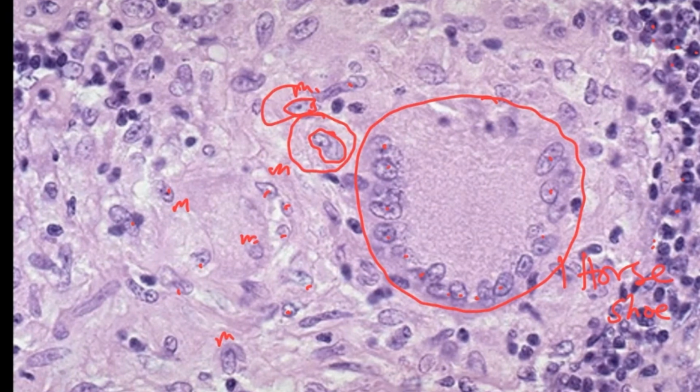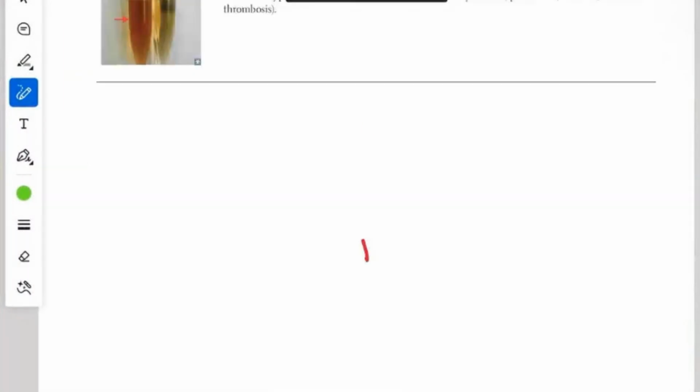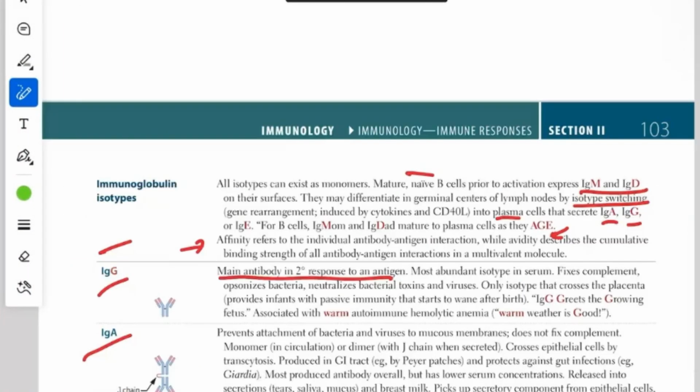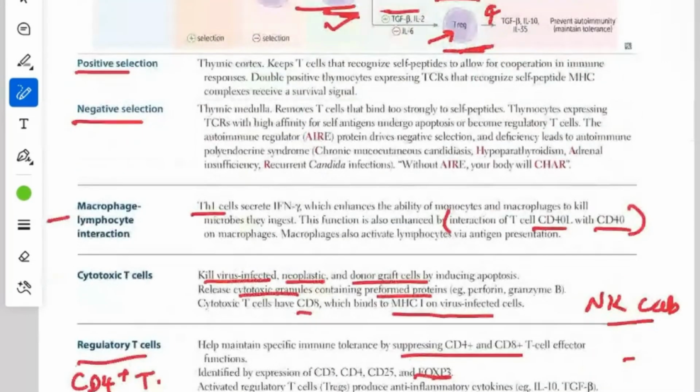When the macrophage has been activated by CD4 positive T cells, right? What am I talking about? Let me go back and show you. So this is the macrophage and CD4 positive T cell interaction.